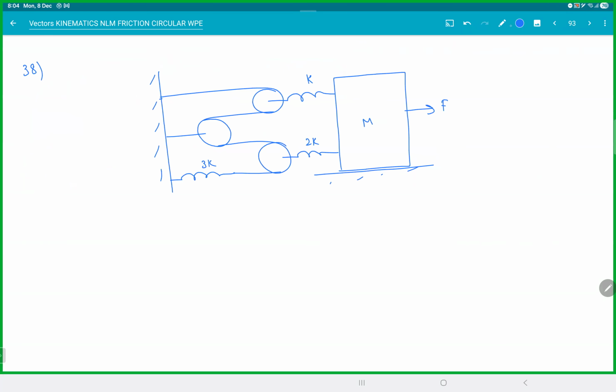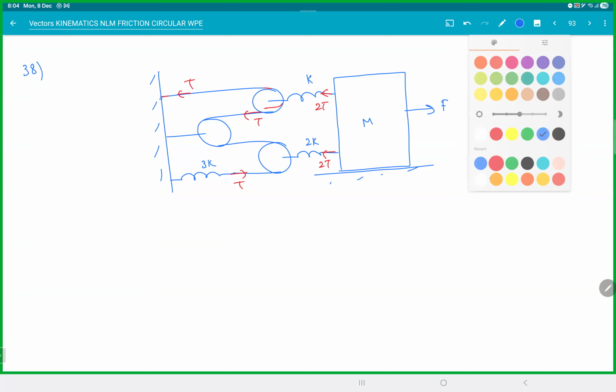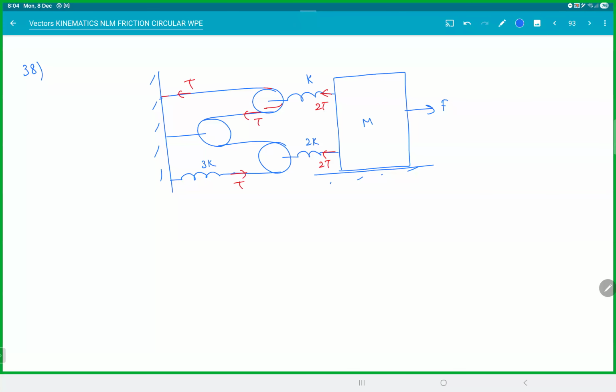Now let's find the things. Start from anywhere. Let this be tension T. If this is T, then this will be 2T. This is also T, then this is also 2T. Perfect. So on the block, how many tensions are acting? 2T and 2T, so that is (4T) whole squared by K equivalent.